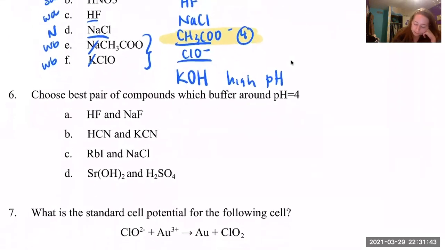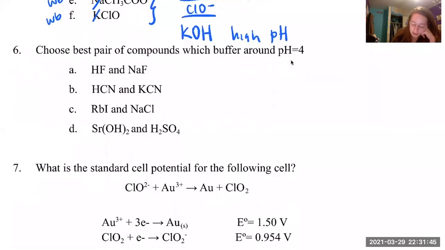Okay. Number 6 is asking to choose the best pair of compounds that buffer around pH of 4. A buffer range is plus or minus 1 pH. And all we need to do is find all the pKa's, okay? For the first one, the pKa is 3.14. The second one is around 9.